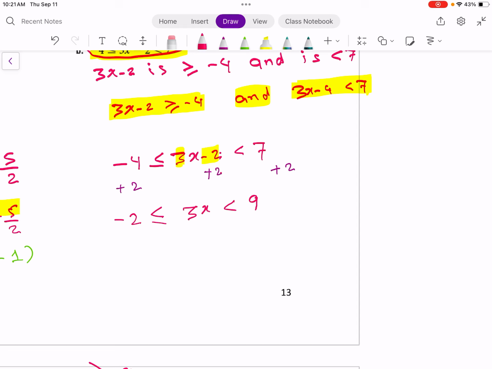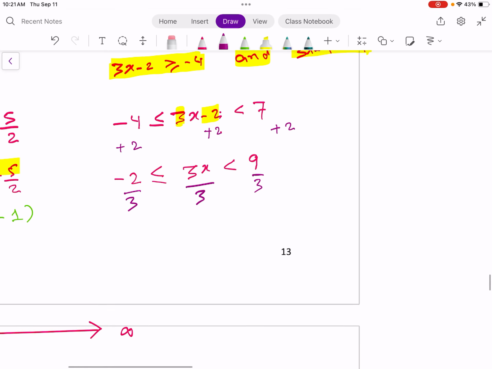Now how do we make it 1? By dividing by 3, and make sure to divide everywhere. Okay, so you divide this by 3, divide by 3, divide by 3. Now let's simplify. So we have negative 2 divided by 3 less than or equal to x less than 3.